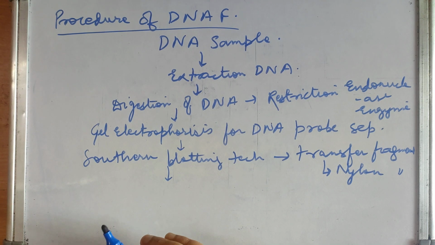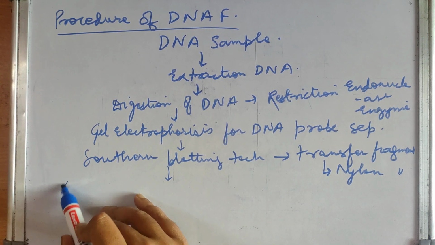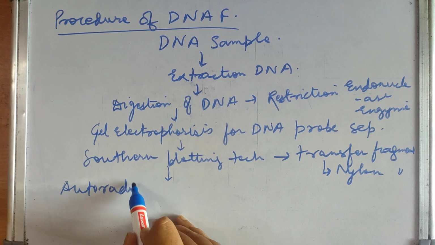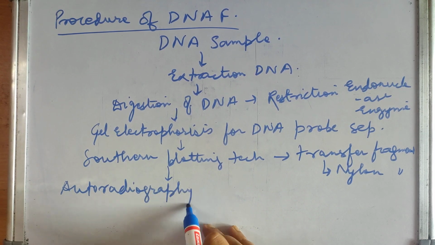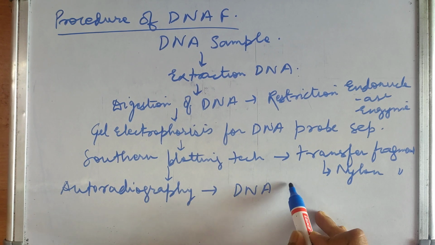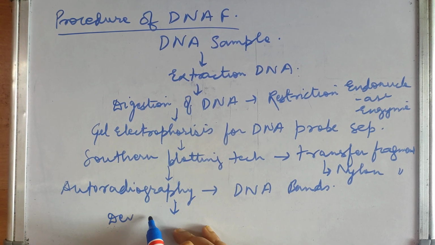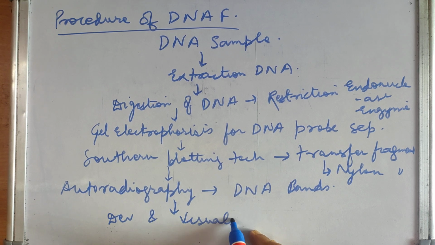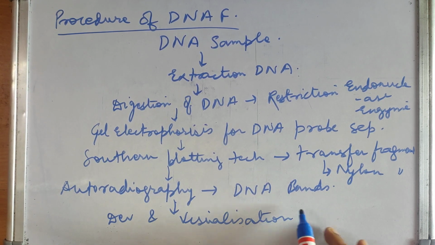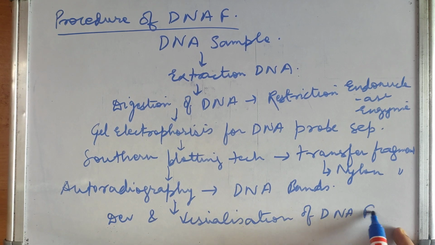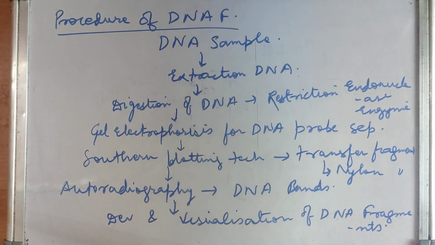Then we do autoradiography to obtain DNA bands. After the bands are made, we visualize the DNA fragments or DNA bands and mark the differences or similarities. So this was the procedure of DNA fingerprinting.